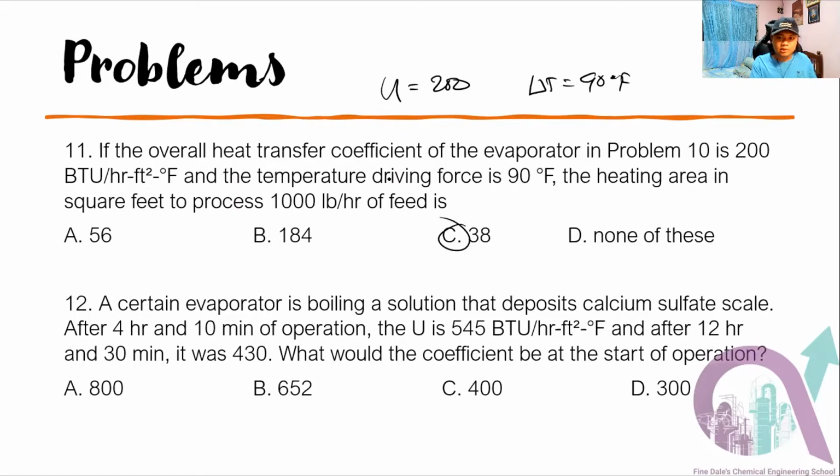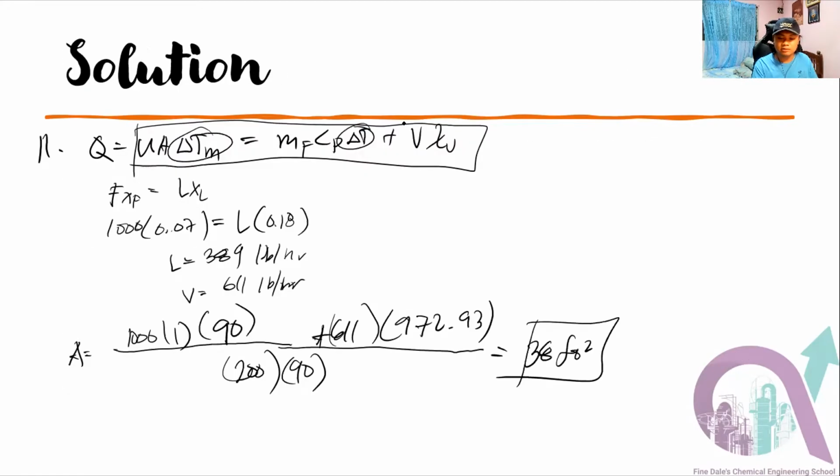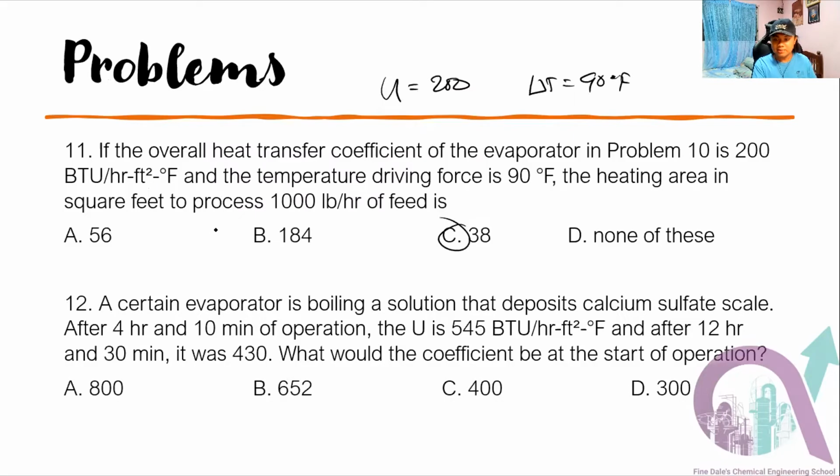So number 12. I don't know how to solve this, but I got this by linear regression. Mode 3 2, mode stat then 2, and then x is the time, so x then y, time here, and then the u.